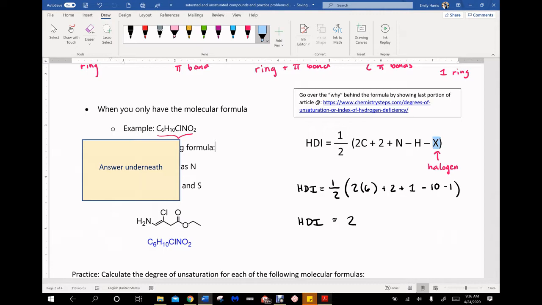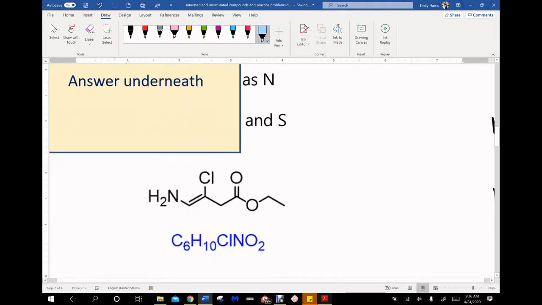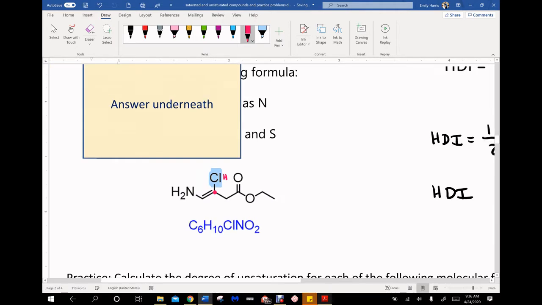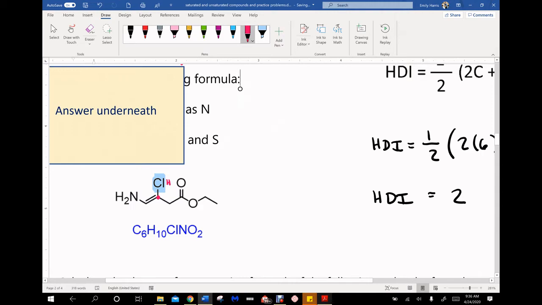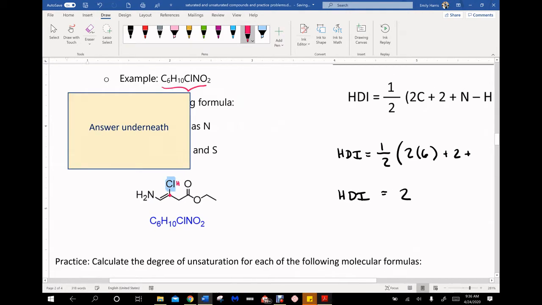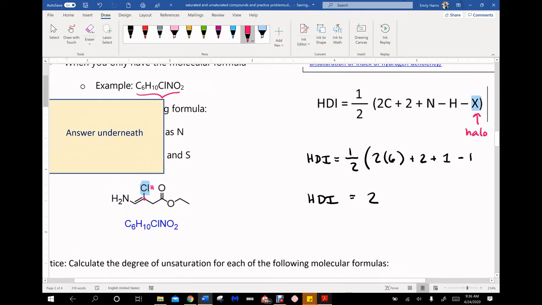And if we look at this molecule we've been given, if you notice where the chlorine is, he's attached to a carbon. And if he weren't there, that's a space that a hydrogen could occupy. And so the presence of halogens takes up one possible spot for a hydrogen. All right.